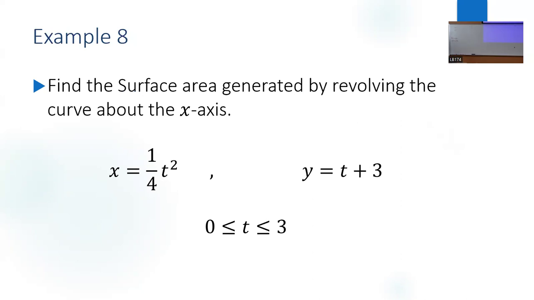So let's do an example. Here we have x equals 1/4 t squared. We're trying to find the surface area. So x is 1/4 t squared. Y is t plus 3. T is going to go from 0 to 3.